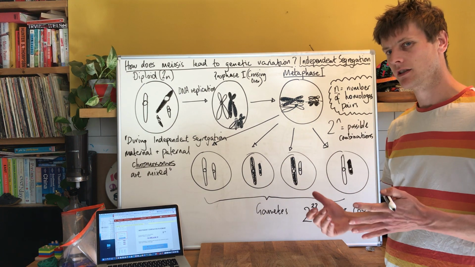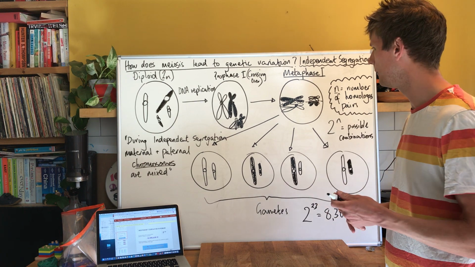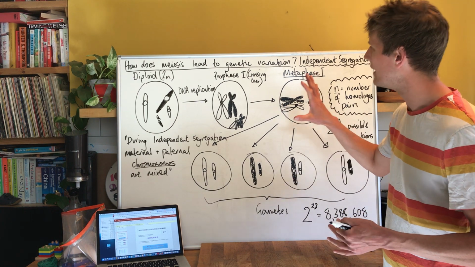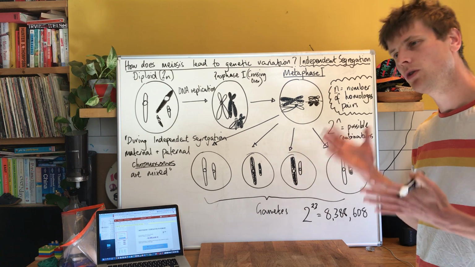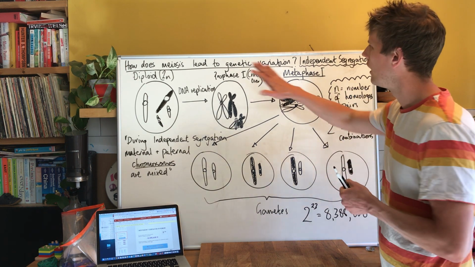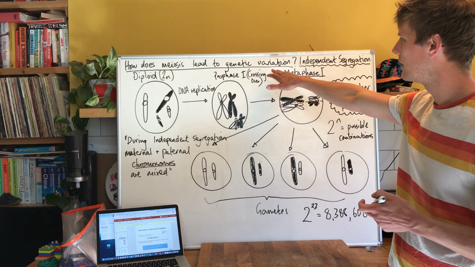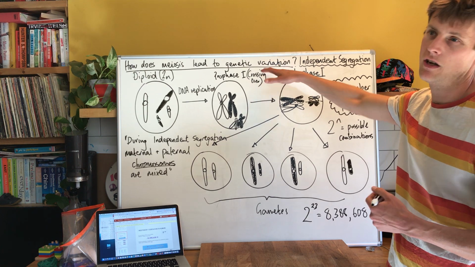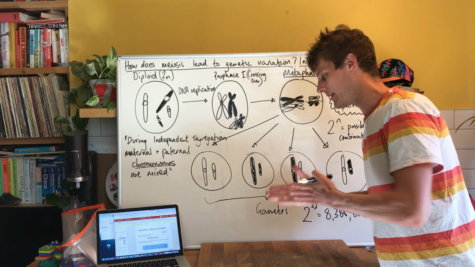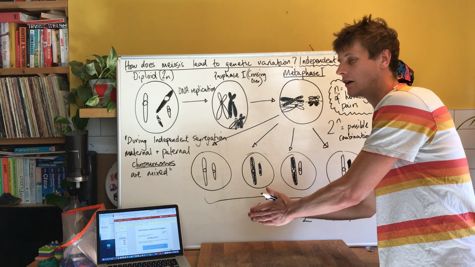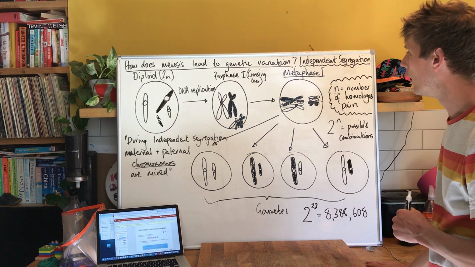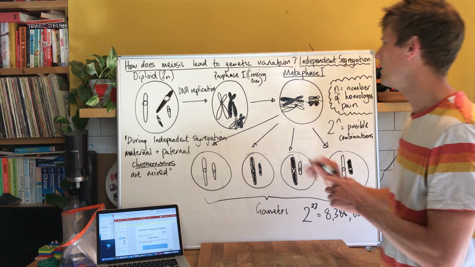Many of the questions that you get on meiosis will relate more specifically to these ideas of how meiosis leads to genetic variation, rather than the events that are taking place during each of the stages of meiosis. It's important to know these two, I suppose.